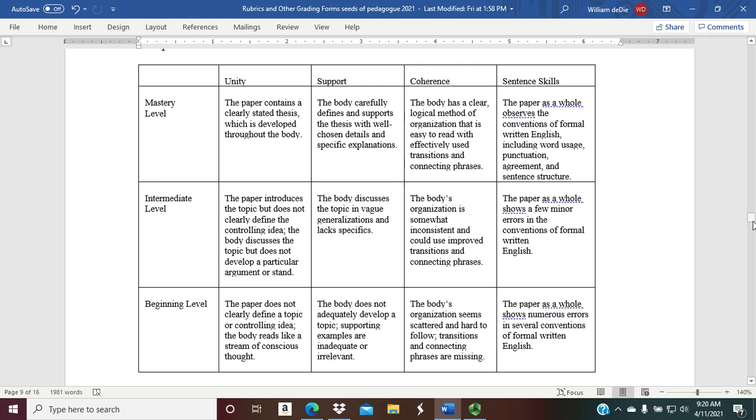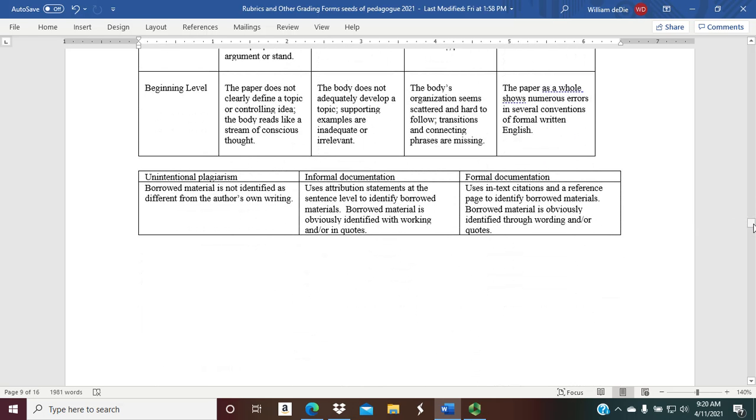Now, added to this is a second rubric. The second rubric is for research.